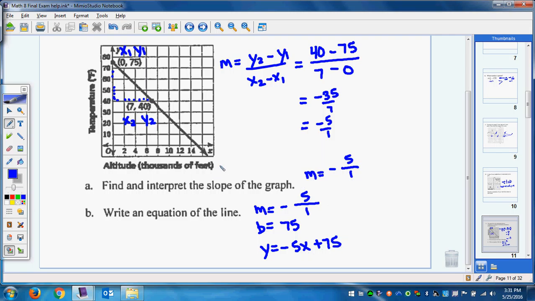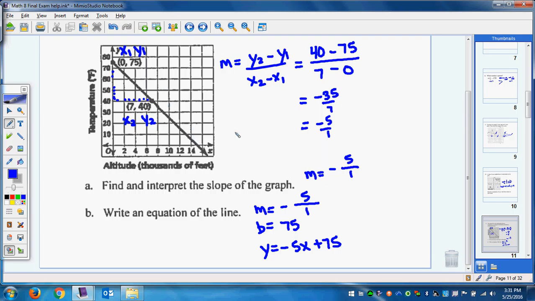The interpretation is a sentence that you're going to write. It's relating to the temperature and the altitude in thousands of feet. Remember, it is decreasing, which means your temperature is decreasing as the altitude is increasing. Altitude is increasing, temperature is decreasing.